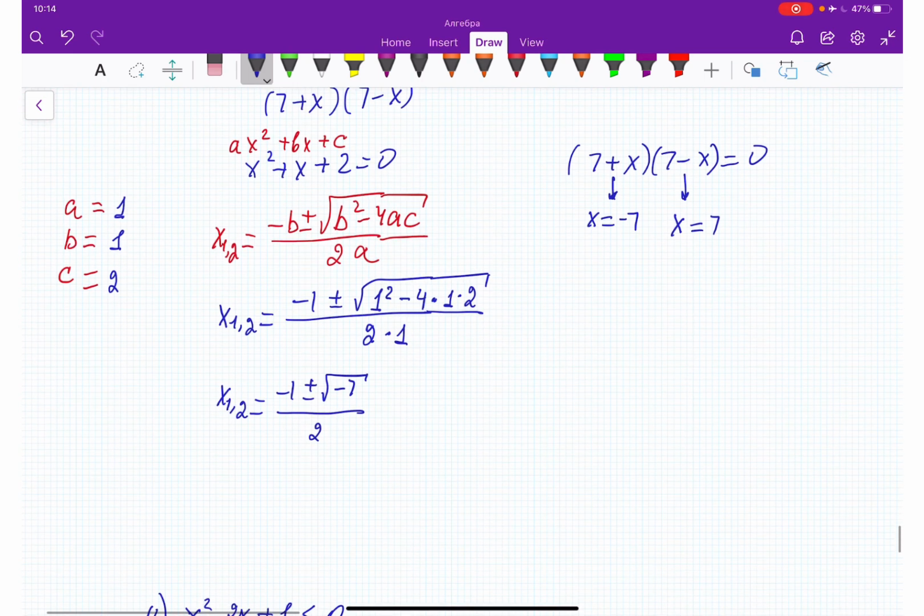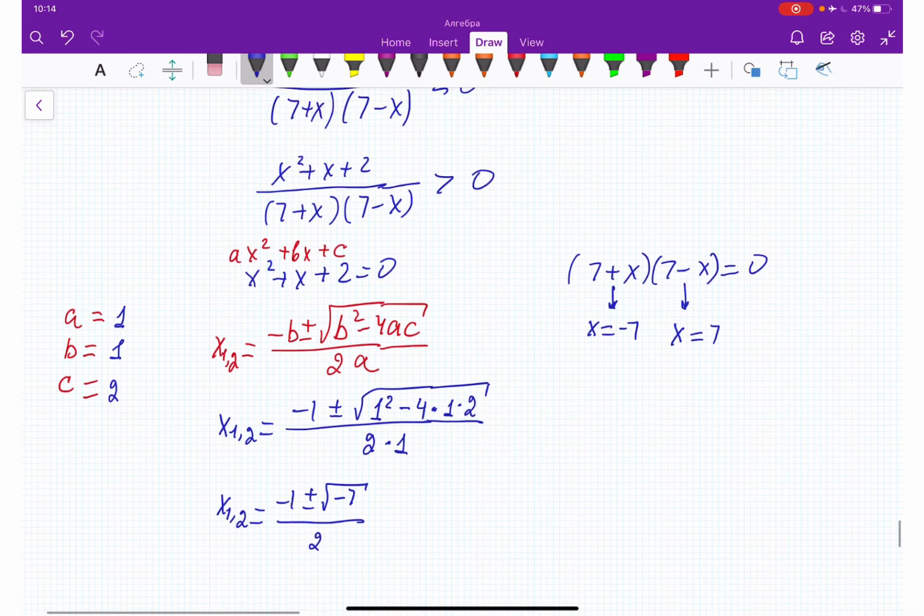So from here, we are going to have -7 and +7. Plus, we have to pay attention: 7 is not going to be a solid circle, well, we don't have an equal sign anyway.